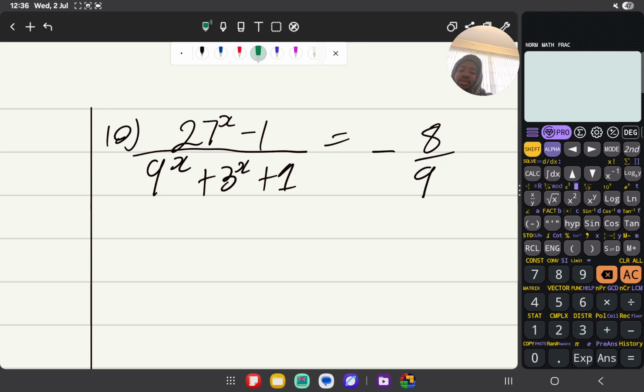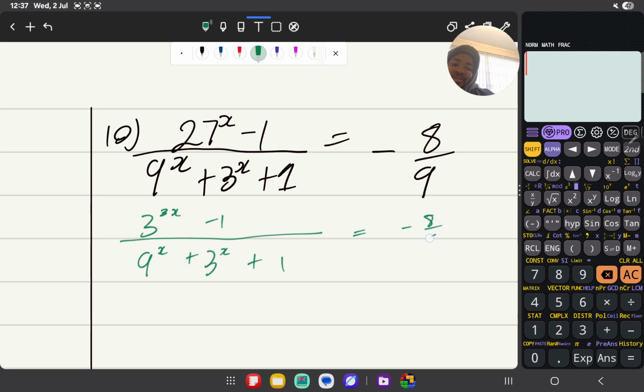Okay, this one is also going to be very interesting. That's what I meant when I said the more you do this problem, the easier it becomes. Because look at me, I see this number and I'm already thinking, difference of two cubes, right? Because here I have 3 to the power of 3x minus 1, and this is 9x, and I'm sure it's going to be cancelled out, so I'm not going to try to even factorize it.